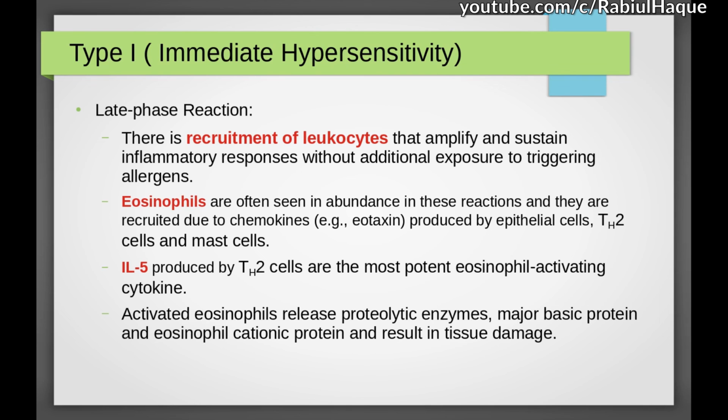So this is in short about late phase reaction. Always remember that here the reaction is happening without additional exposure to triggering allergens, and it is happening due to recruitment of leukocytes. They are amplifying the inflammatory response and they are causing tissue damage.